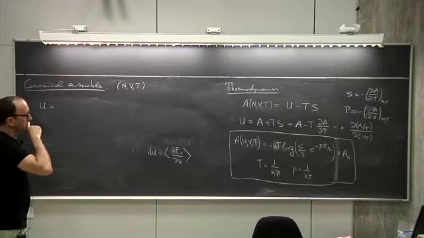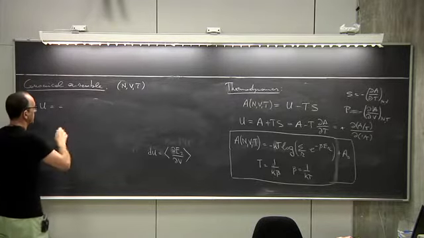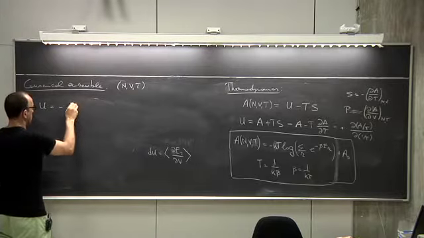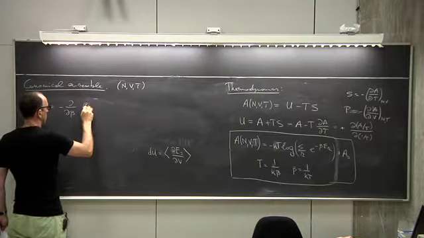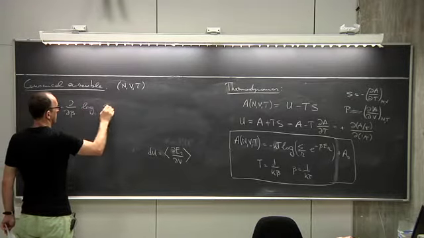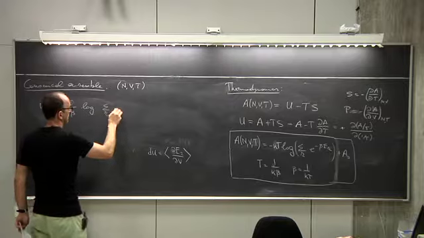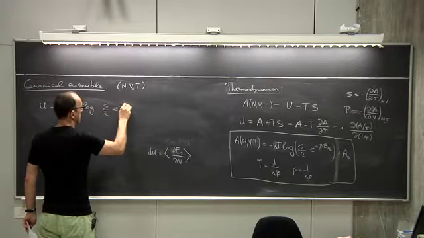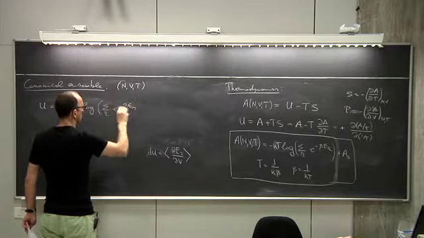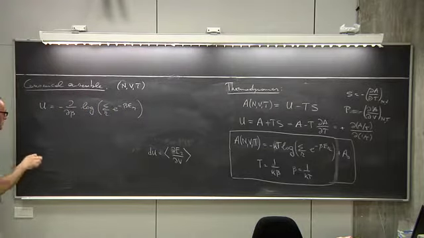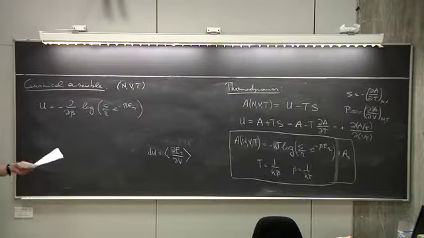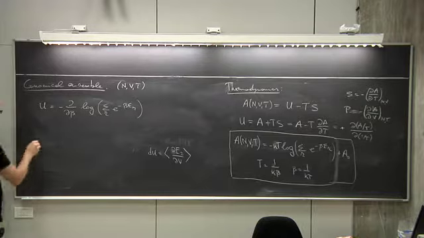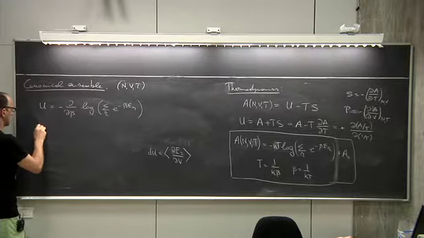If you write the energy as minus the derivative with respect to beta of the log of the sum over R of e to the minus beta E_R, and you know that beta is related to the temperature, then you are doing a change of volume at constant temperature.